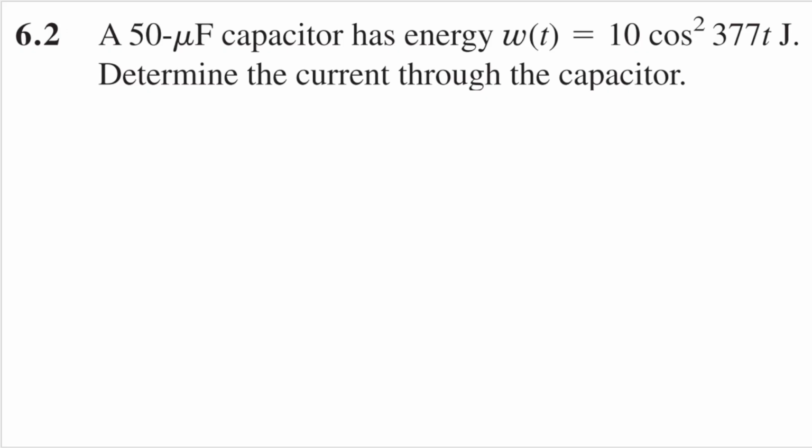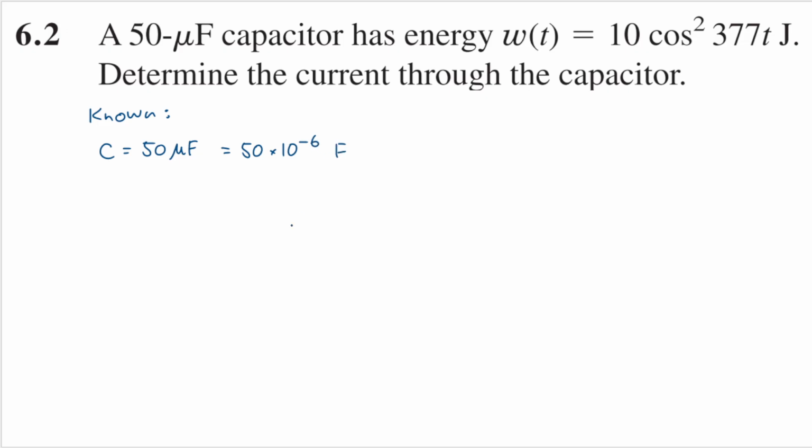Okay, let's write the knowns first. We know that the capacitance C is 50 microfarad, and we need to convert this into farad, so that will be 50 multiplied by 10 to the minus 6 farad.